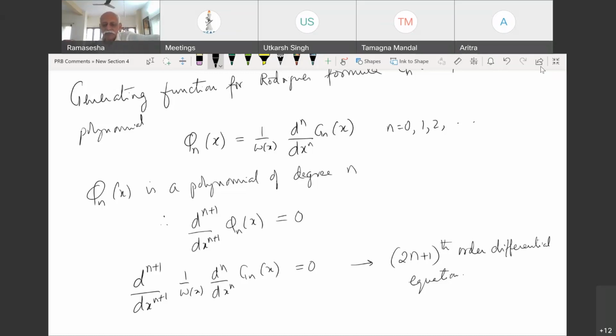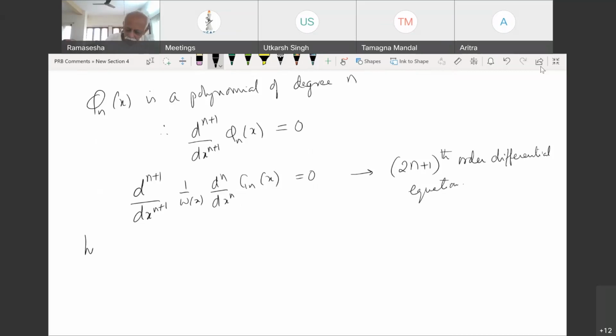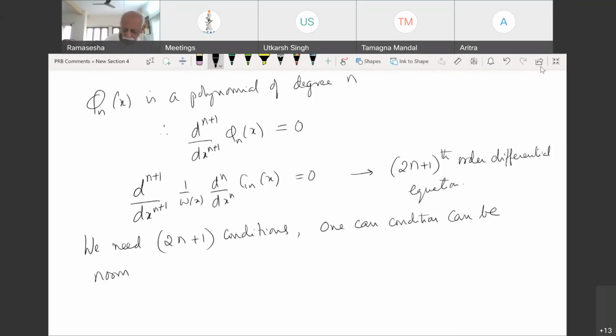If you want a particular solution for this, then we need boundary conditions. So you have 2n plus 1 conditions, and if one condition is lower, the remaining 2n conditions have to be specified.